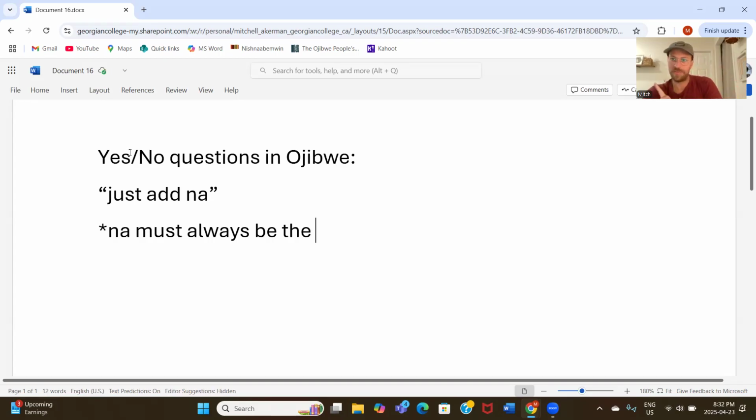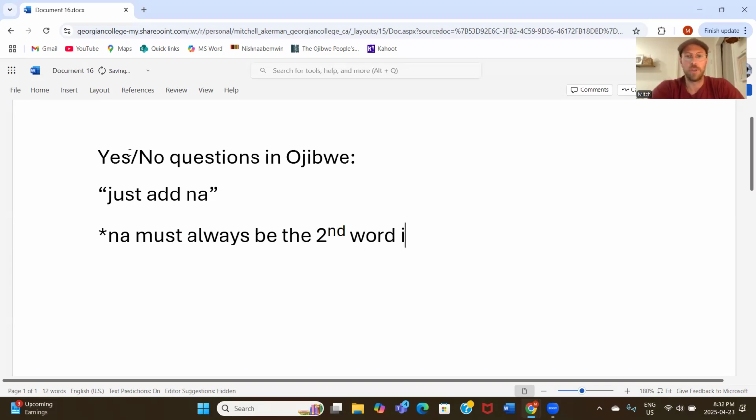First, second, third, fifth, last? Where does it need to be in the sentence? Na must be the second word in the question. Super important. Na will be the second word in the question.